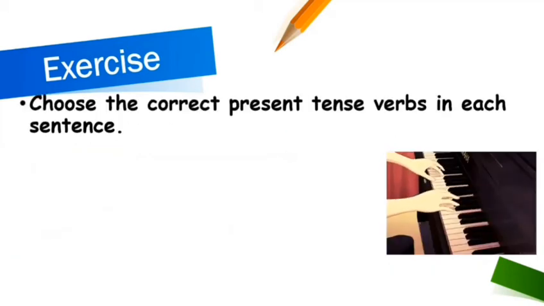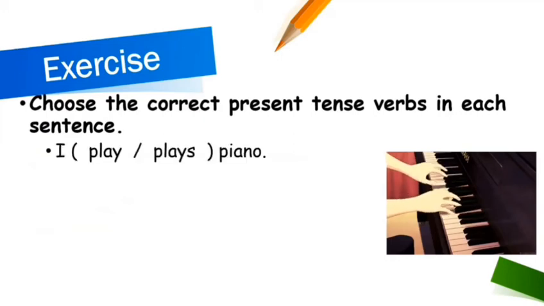Now, the next exercise is choose the correct present tense verbs in each sentence. Options given to you are play and plays, piano. Remember children, with I, you, we and they, we use the verb as it is. We do not add anything to the word, okay? So we are going to use play.